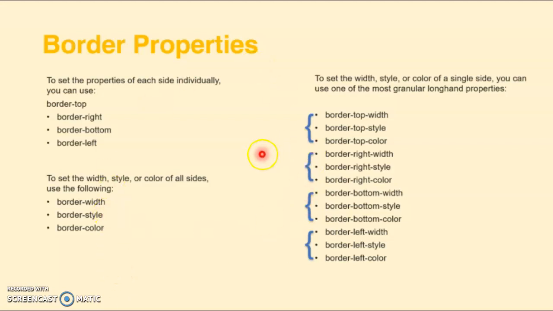Here are examples of the border properties. To set the properties of each side individually, you can use border-top, border-right, border-bottom, border-left, or to set the width, style, and color of all sides, use border-width, border-style, and border-color. And these are the longhand properties.